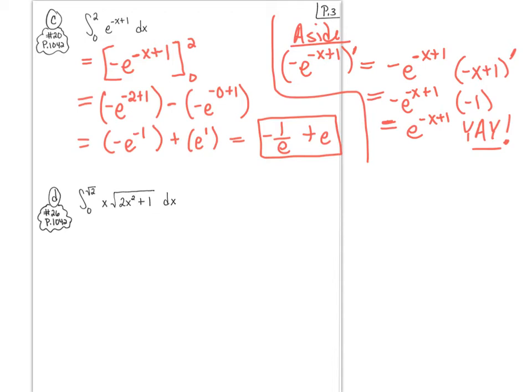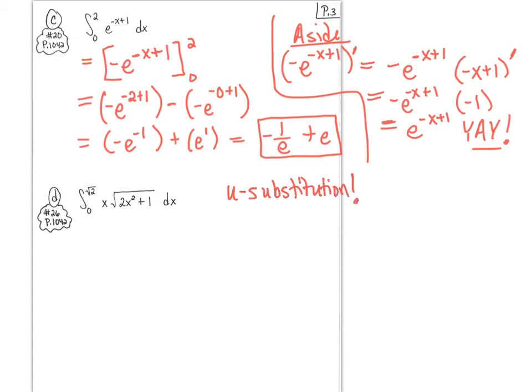So based on your integration techniques, your alarm should be going off and light bulbs should be lighting up. You should notice that you're going to have to do u substitution. So let's do a u substitution. This problem is screaming for a u substitution.